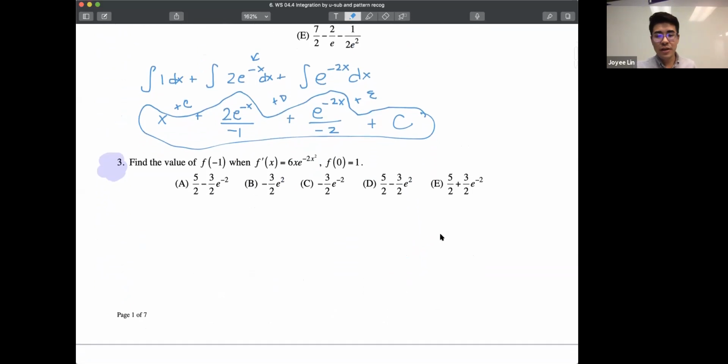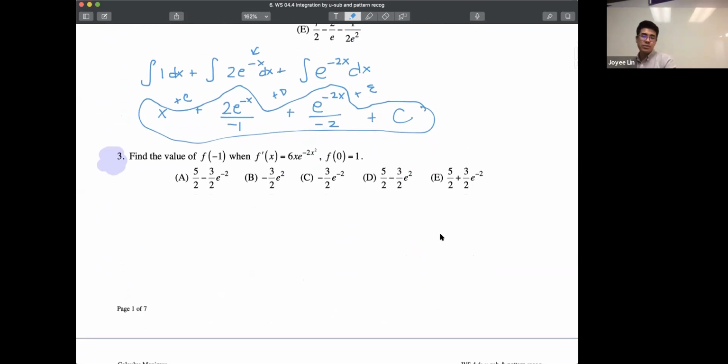Then, of course, we finally get to one where we have to do actual u substitution. So if we're going to take the integral of 6x e to the negative 2x squared dx, we should let our u probably equal something that's nested in our function, right? So I'm going to let my u equal that exponent up there, negative 2x squared.